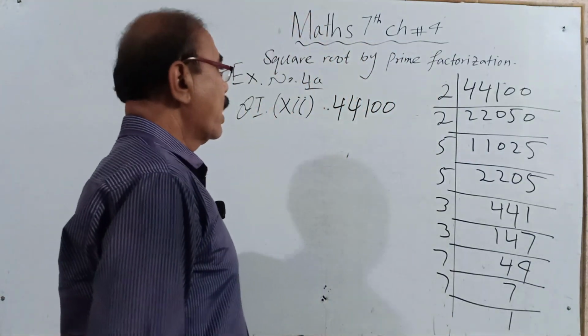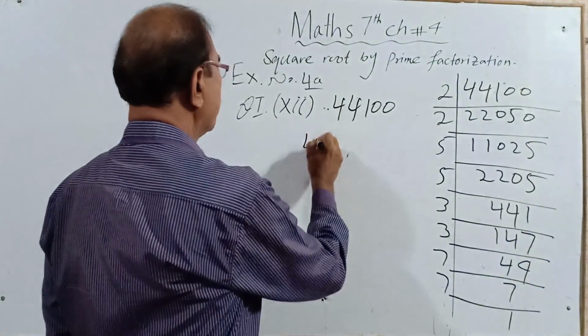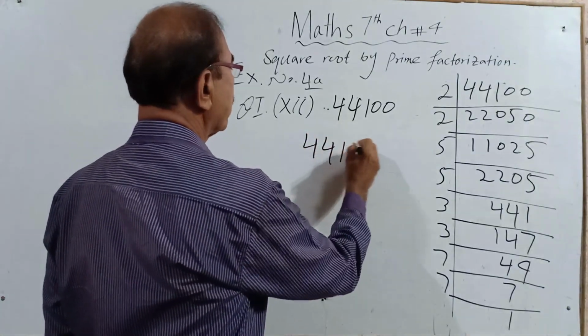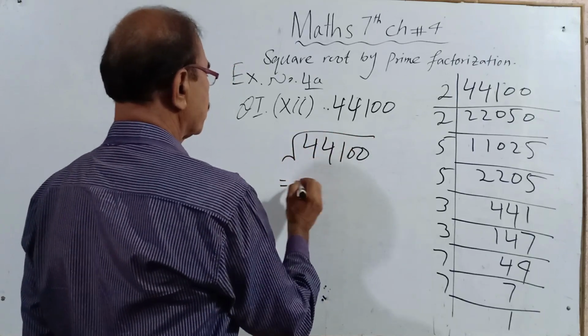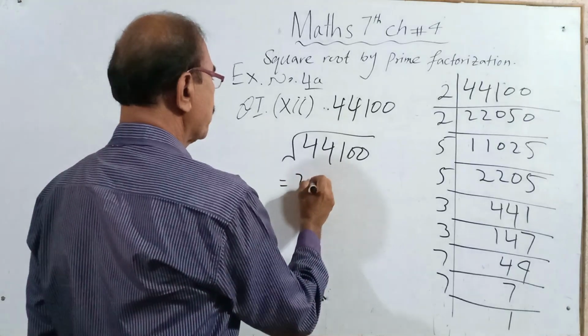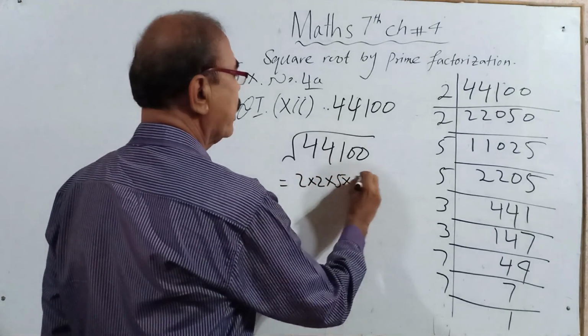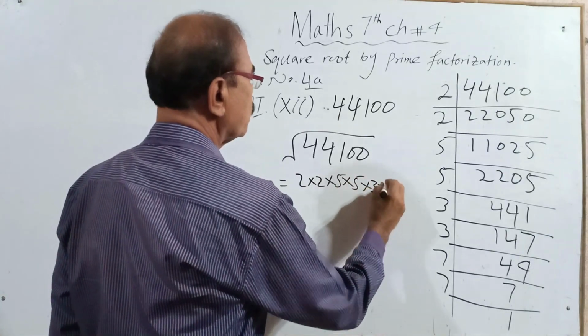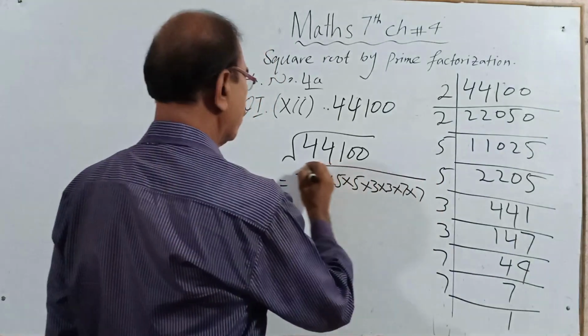Now we can write it's a square root. So square root we can write as, this is equal to 2 into 2 into 5 into 5 into 3 into 3 into 7 into 7 square root.